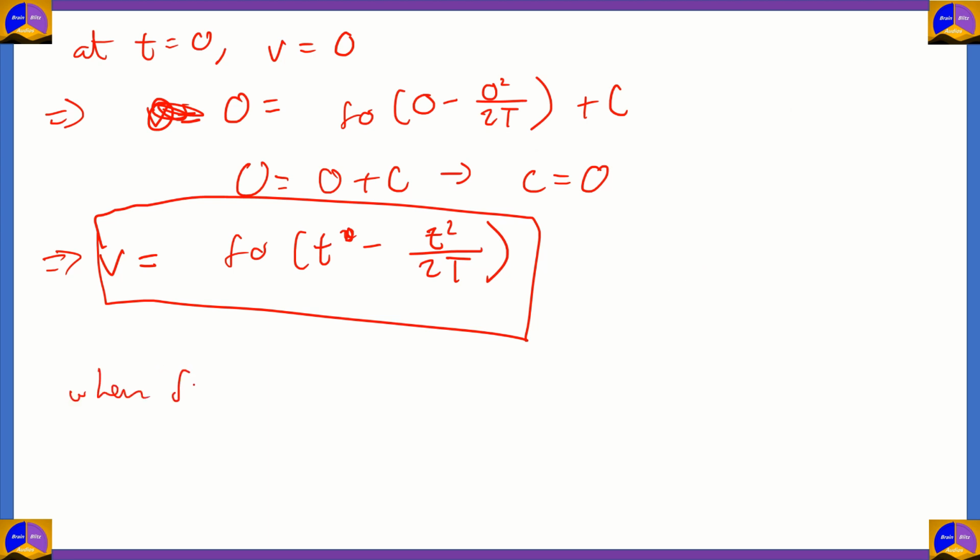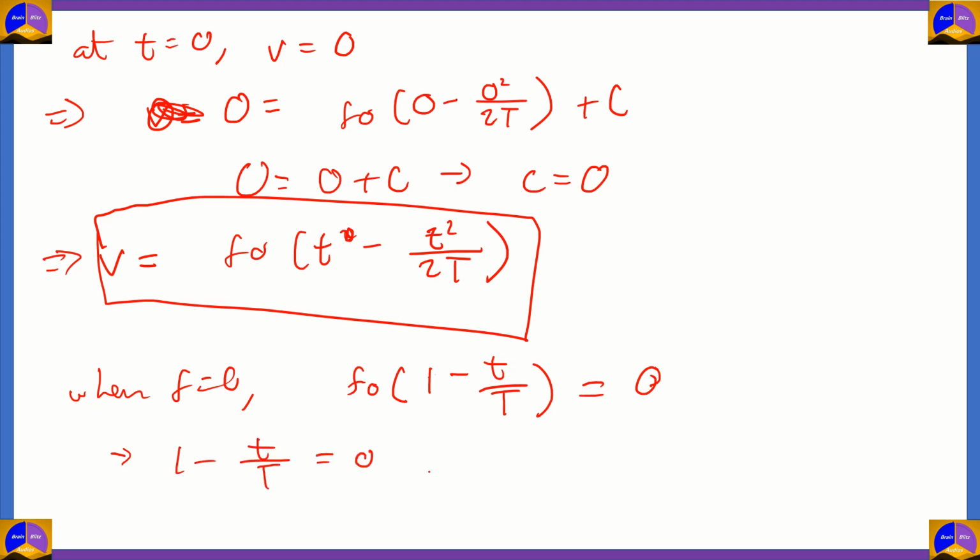When we consider f equals 0, we know that the right hand side, f naught times 1 minus t by capital T, will also be equal to 0. So when you take f naught to the right hand side, it becomes 0. So what we get is 1 minus t by capital T equals 0.